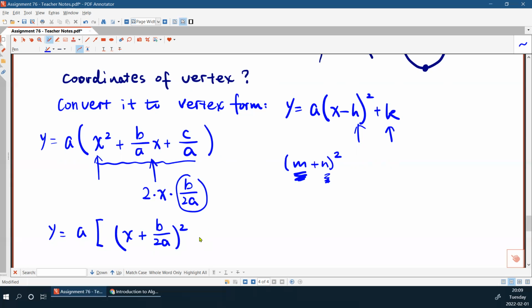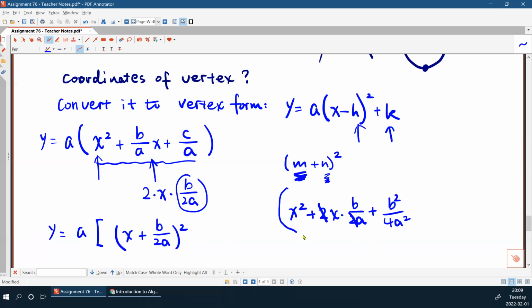Before we proceed, let's verify what we'll get if we expand it. If you expand it on scratch paper, you will get x squared plus 2 times x times b over 2a, right? And then plus n squared, which is b squared over 4a squared, right? The 2 cancels with the 2 here.